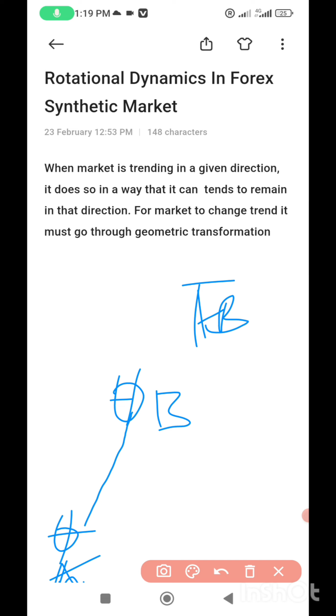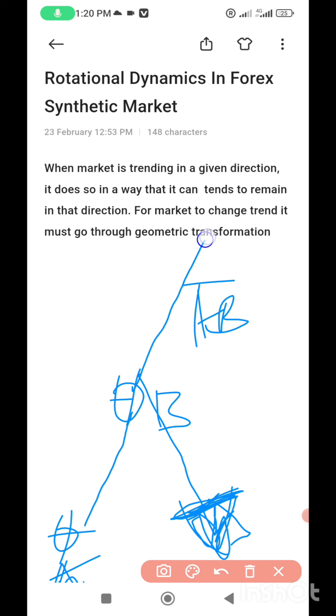So you need to have information about the immediate trend for you to deploy rotational dynamics. What this topic is talking about is that instead of thinking this market will change direction and start coming down, you just have to take this idea into your mindset: this market can continue going in this direction until it performs geometrical transformations.